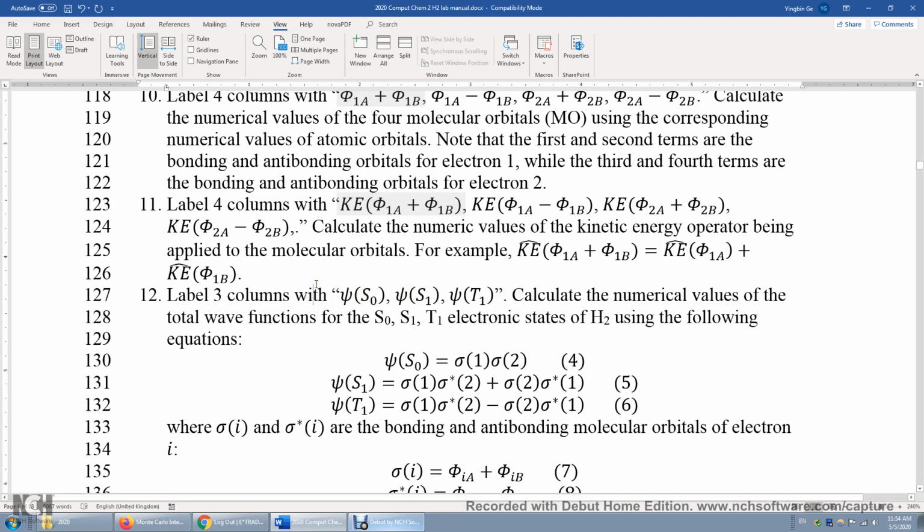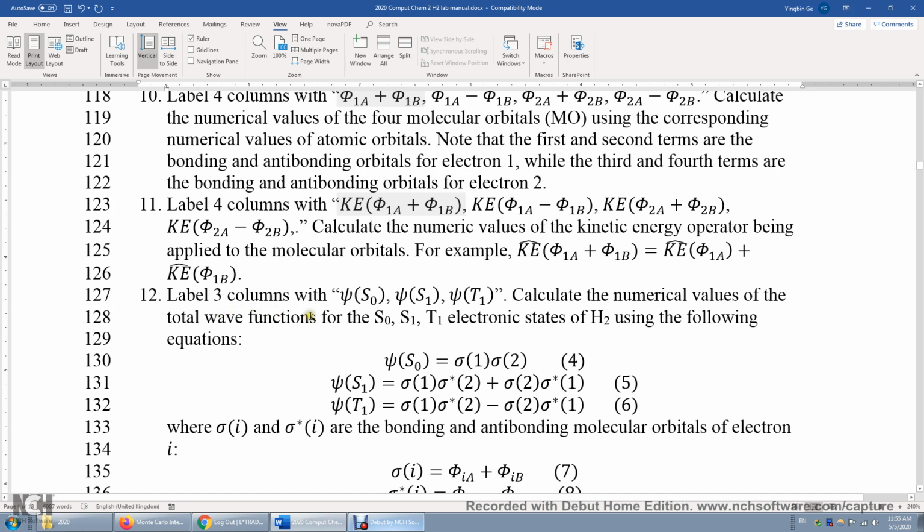And what if we promote one of the two electrons to the anti-bonding orbital, the sigma star orbital? Then we have 4 different ways of arranging these 2 electrons. Again, we have 2 electrons occupying 2 different orbitals, and you can have alpha alpha, alpha beta, beta alpha, and beta beta. All right. So that's the spin of the 2 electrons.